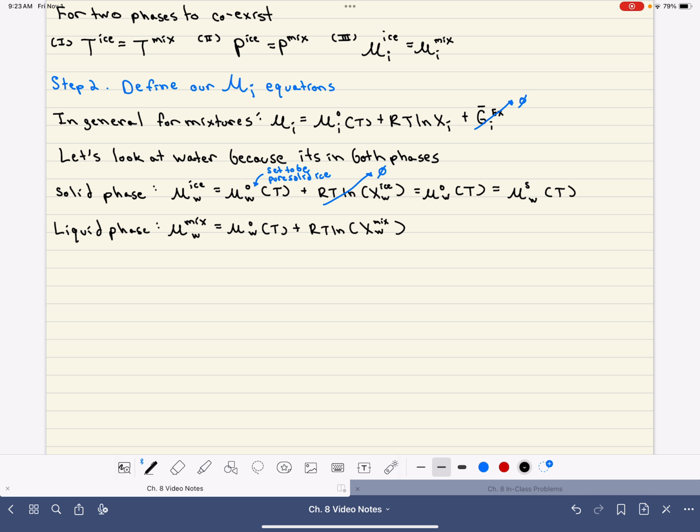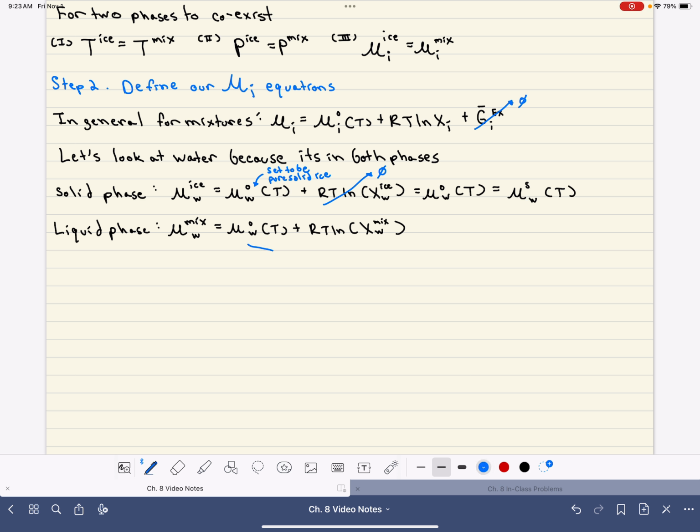Okay? In this case, the mole fraction of water in the liquid phase is not equal to 1, so we're going to keep this around. Right? But one other thing that we're going to do is we're still going to need to deal with the standard state chemical potential.